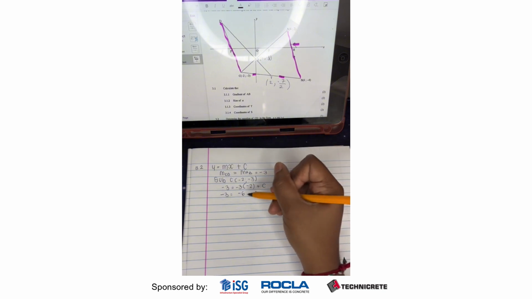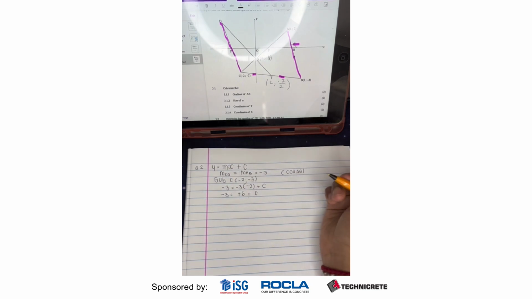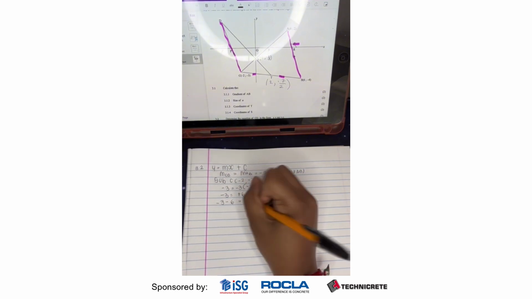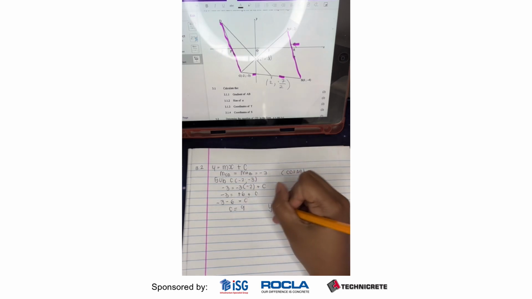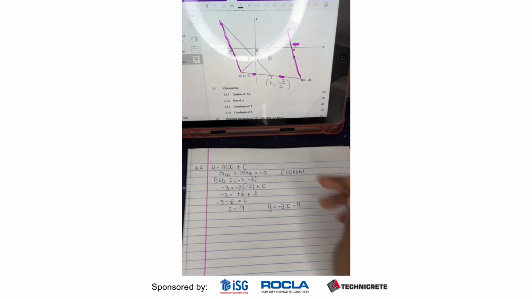And we are now going to take this to the other side. Oh, this is positive. A negative times a negative is a positive. So negative 3 minus 6 is equal to c. So c is therefore equal to negative 9. So my equation is going to be y is equal to negative 3x minus 9. Okay.